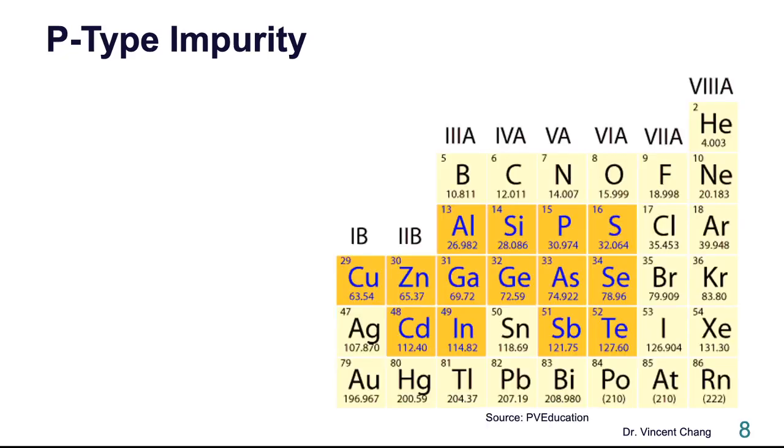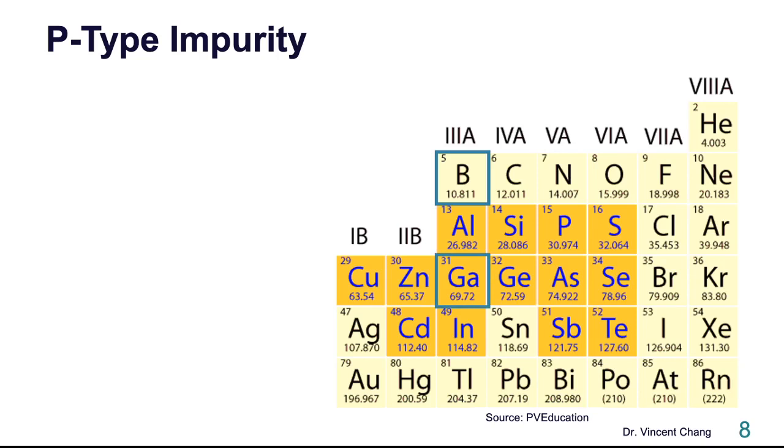So now let's talk about the p-type impurity. Starting from column 3, in silicon technology the most commonly used is the p-type silicon, because aluminum is usually used for the conduction, for the metal. So number 1 is boron, the other one is gallium.